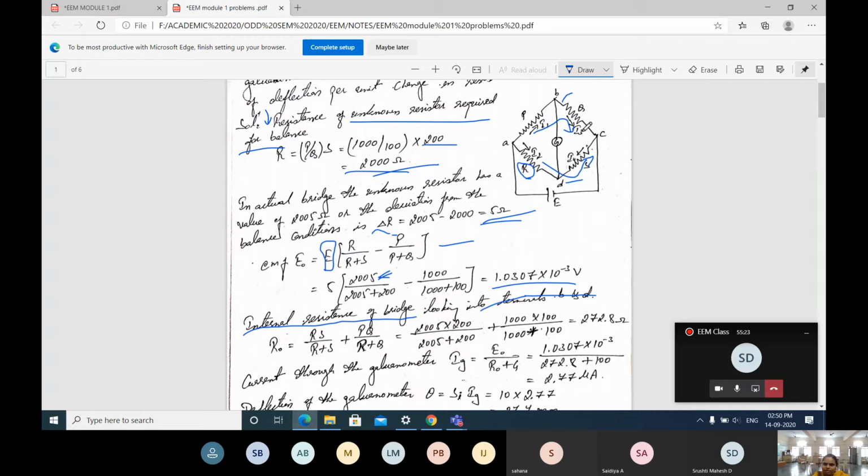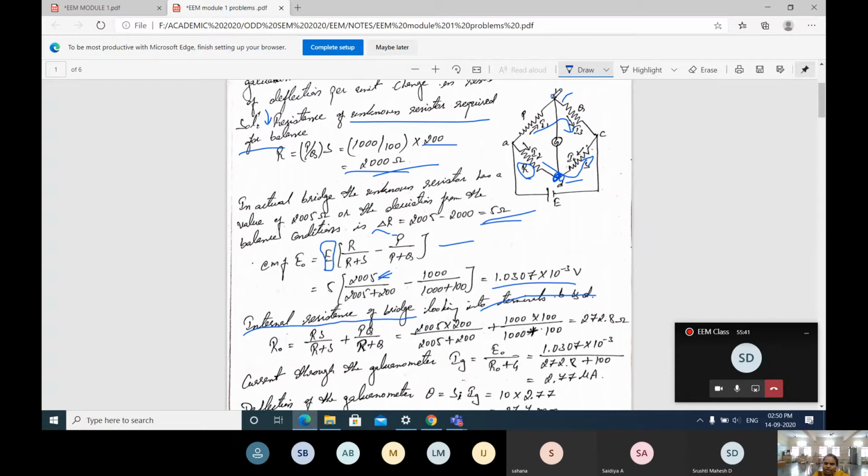When I add these, you get the resistance across G. That is R into S divided by R plus S. These two are in parallel at this node. If I take this node, R and S are in parallel, right? For that reason, RS divided by R plus S.